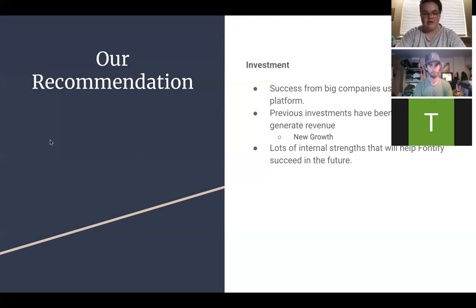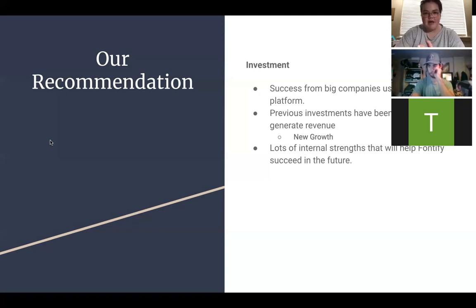Knowing that some of these larger companies are using this platform is a really good sign of their usability and just ability to get those larger clients.